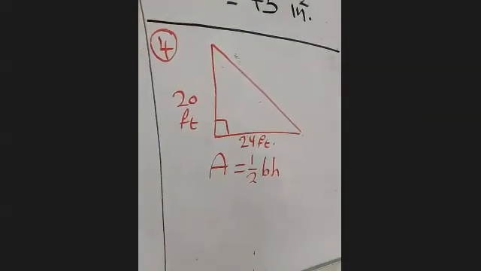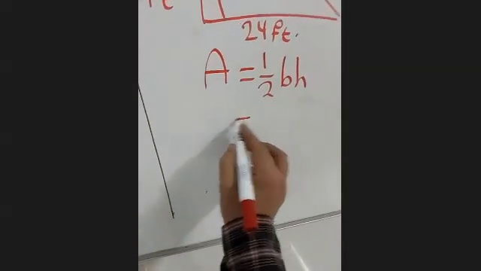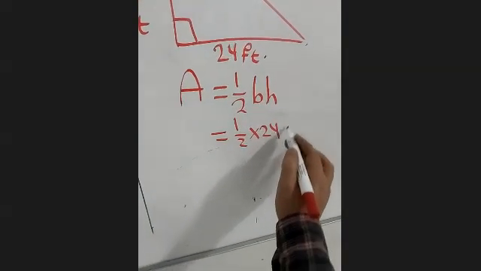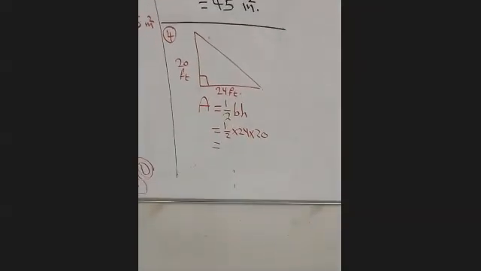Then we go to see the choices. A equals half multiply the base 24 multiply the height 20, right? Now let's apply it.